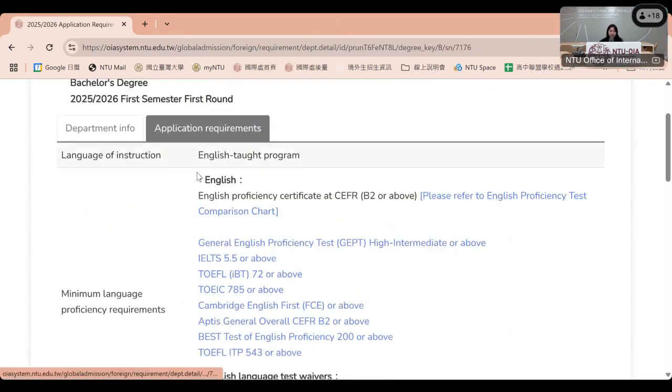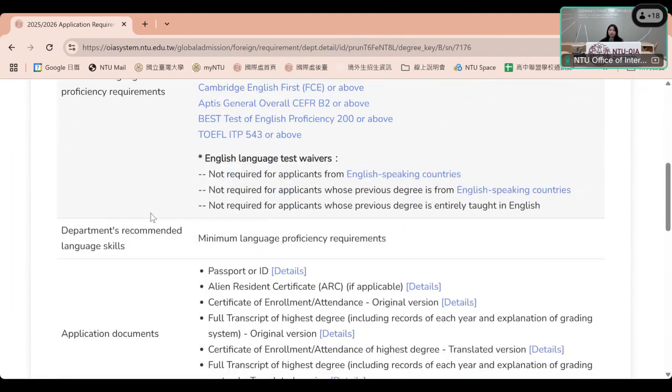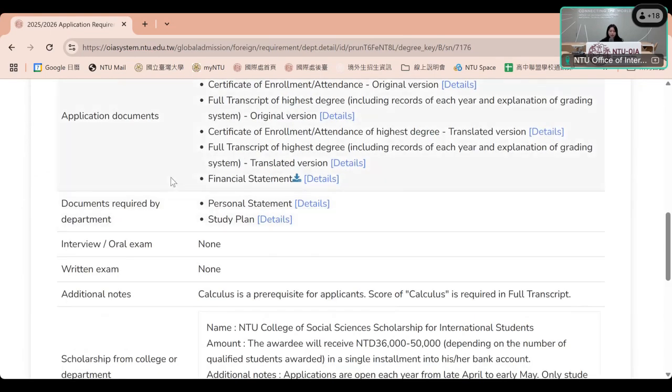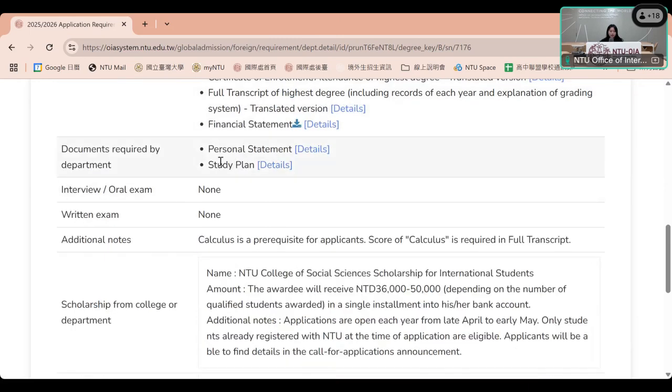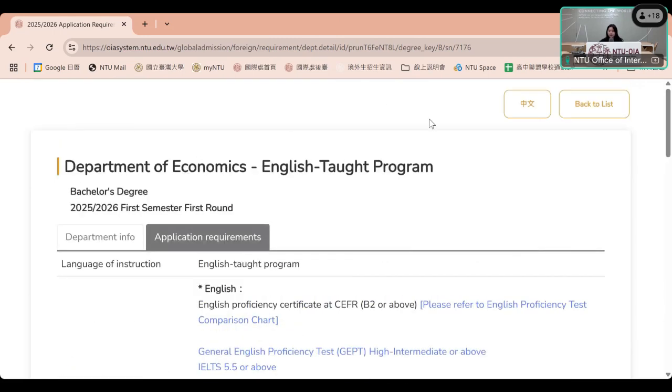This lists the language of instruction and the minimum language proficiency requirements, and some departments may have recommended language skills. And these are the application documents required by the department, and some departments may require an oral or interview exam. So this is the reference for you for the available programs.